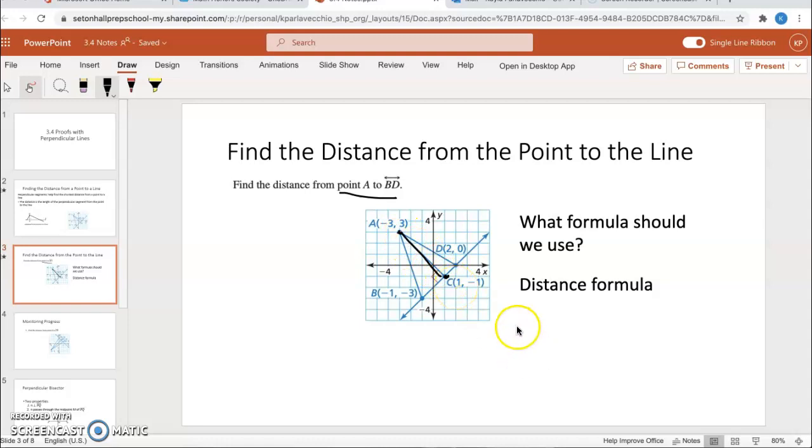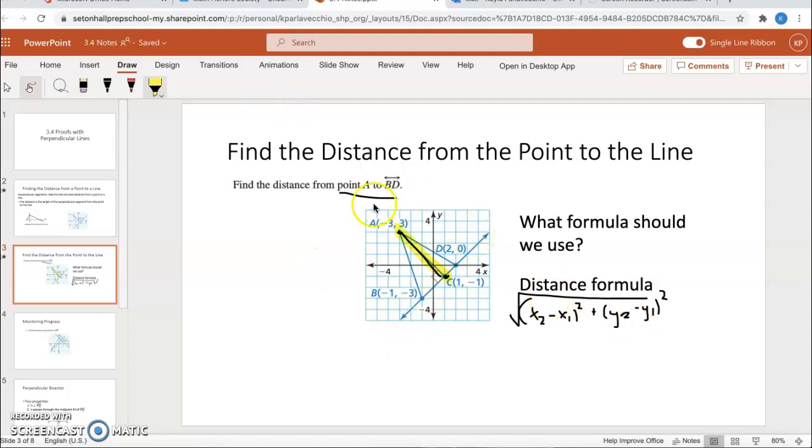So we have to remember the distance formula, which was the giant square root of (x2 minus x1) squared plus (y2 minus y1) squared. So we're going to be looking at just A down to C to be connected to BD, and maybe it'll help if I highlight it a little bit instead.